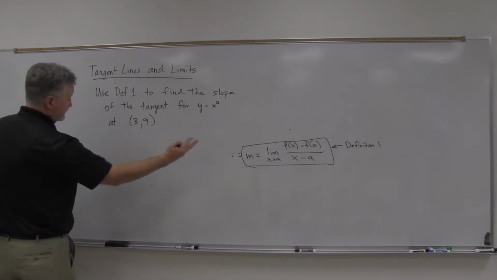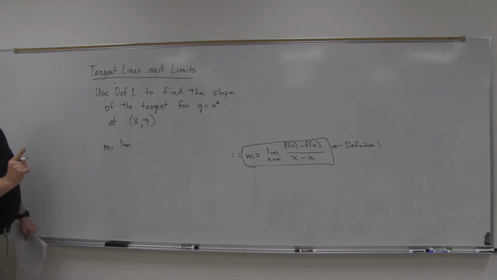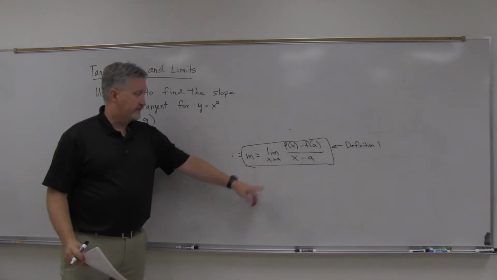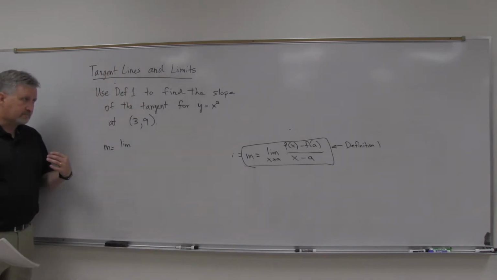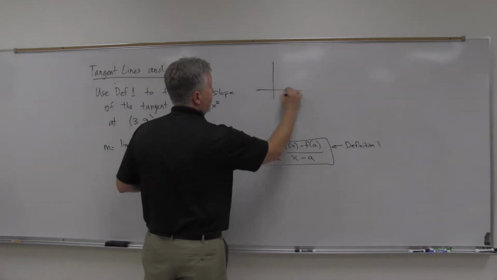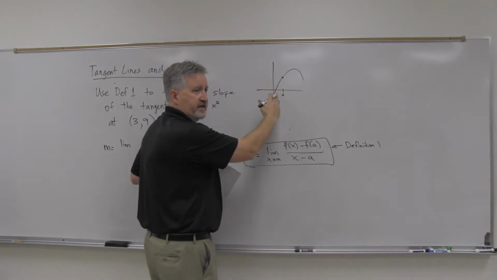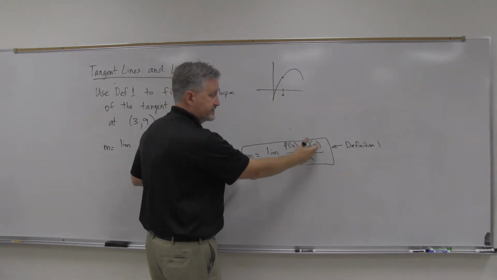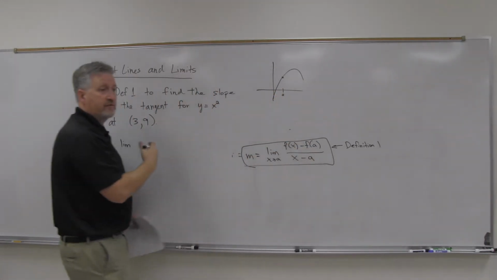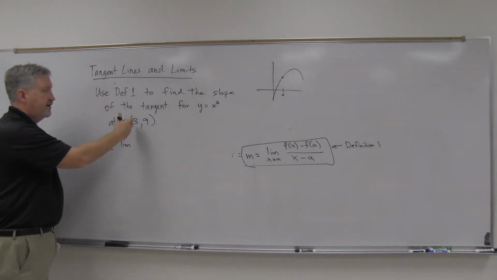Well, it's really just plugging in some values here. Now, the first matter here is we need to figure out what A is. A is, back to my graph here, the x value I want the tangent at. That's what A is in this formula. So what's that A value here? What's the x value I want the tangent at?